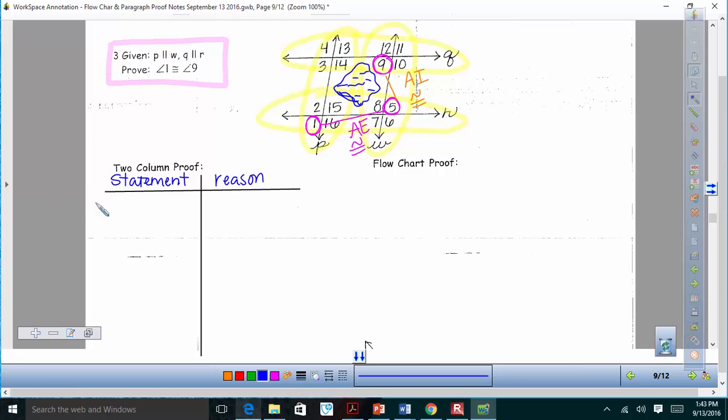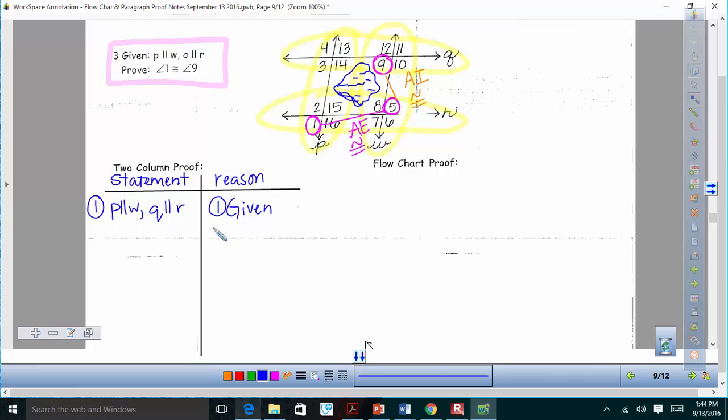Okay, what's the very first thing that I write? The given. Do you have a question? Okay. So we have that P is parallel to W and Q is parallel to R. And the reason that is true is because it's given. Then 2 and 3 are going to be my angle relationships.